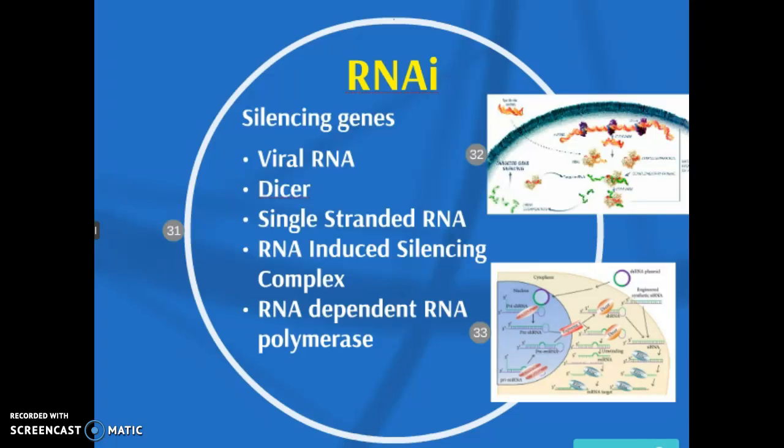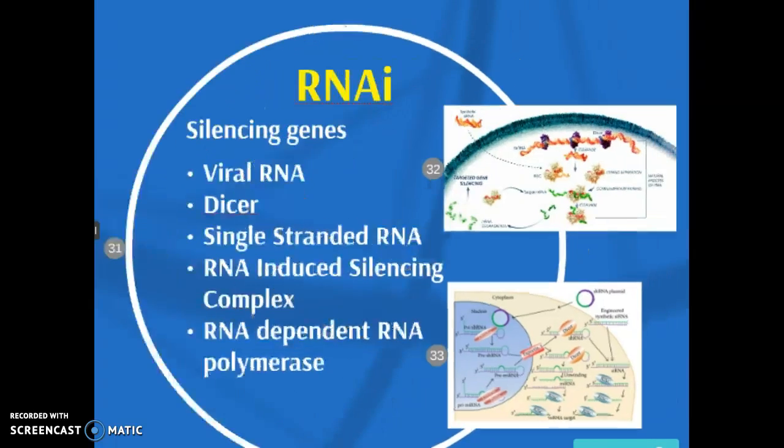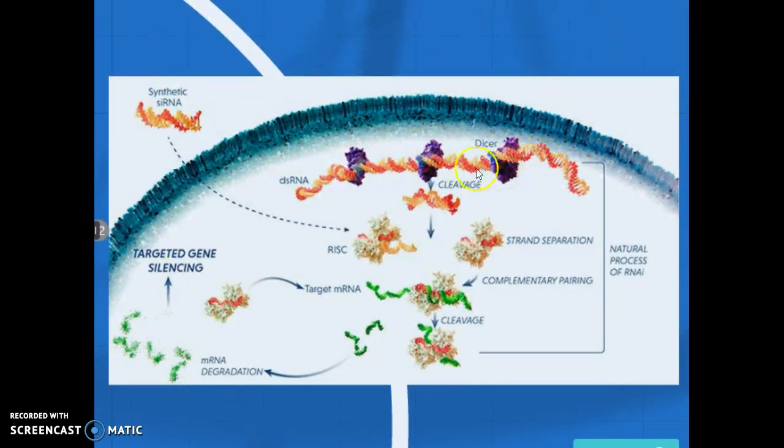So when we look at this image here, you can see that this is the synthetic sequence that we are trying to chew up and cleave into smaller segments so that the RISC can come in and begin to complement its pairing and show the cell exactly what needs to be targeted and what needs to be silenced. It's great.